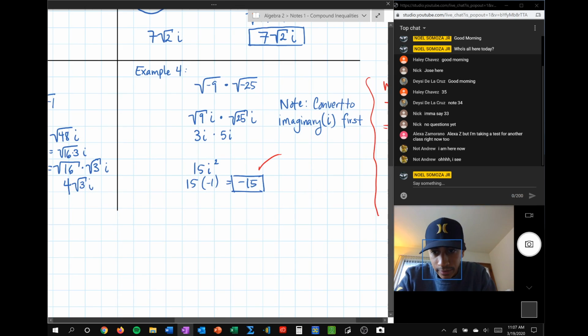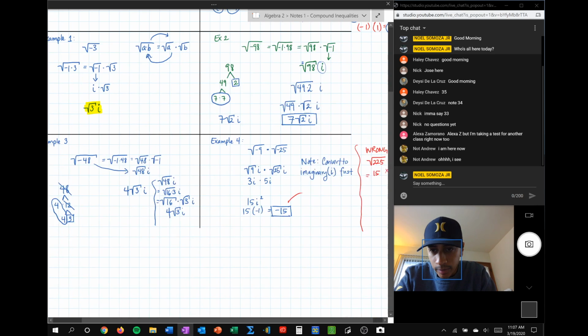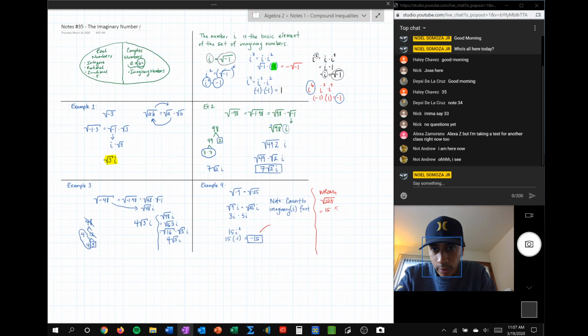Let me add a couple more boxes here. If you still have space, feel free to keep working on the first page. If not, you can flip over to the next page.